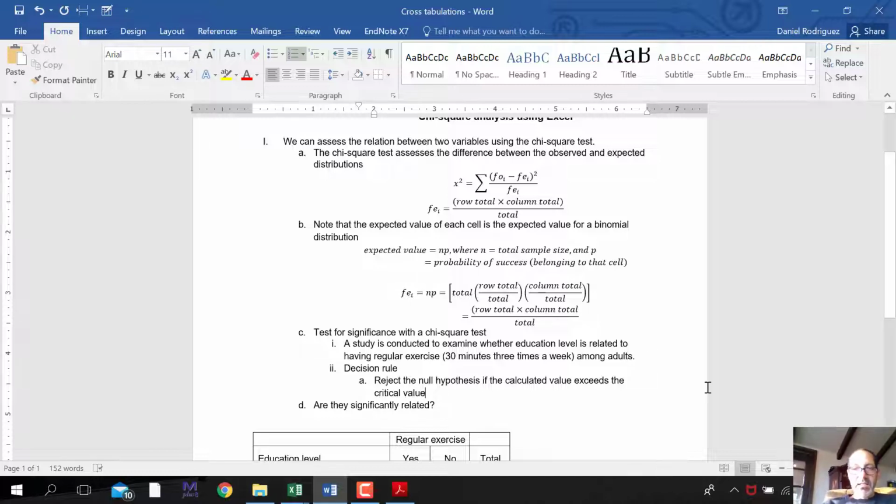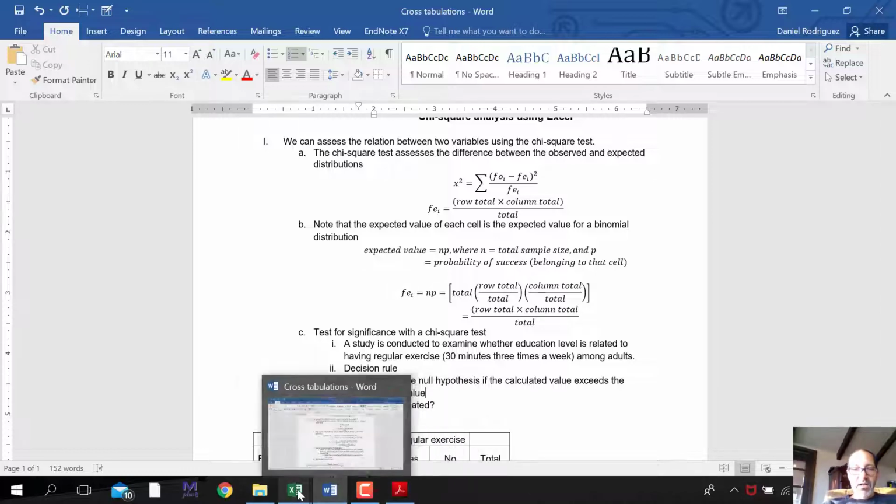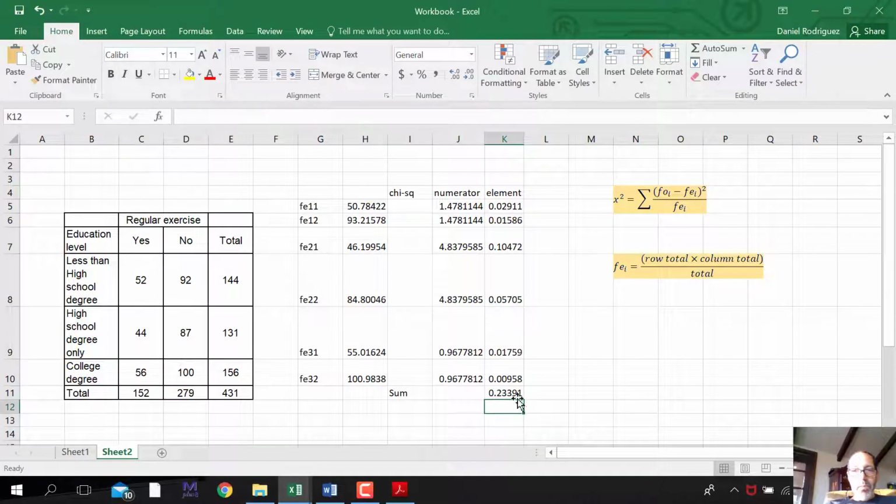So in this case, if we look at our results here, our calculated value is 0.23391. You don't have to be a genius to know that that's not exceeding 5.99. So in this case, we would fail to reject the null hypothesis.